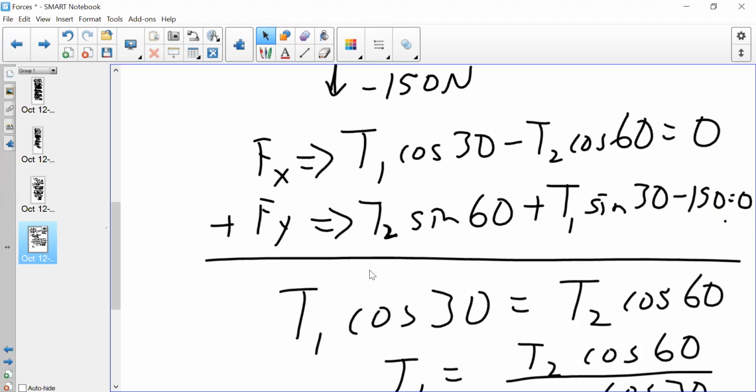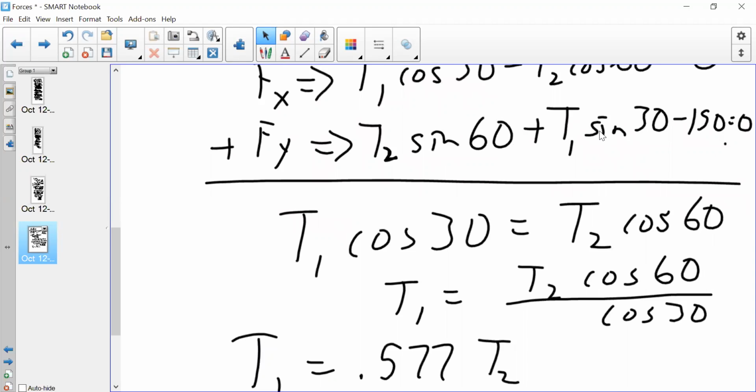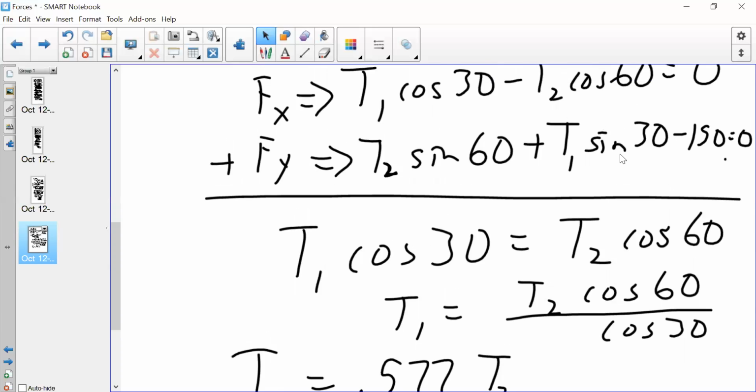Divided by cos 30, so this here should be 0.577 T2. And this is what you can do. You can replace your T1 into this part, and so everything's in terms of T2. Solve for T2, then back substitute and solve for T1.